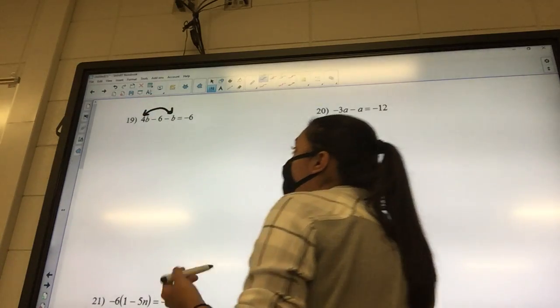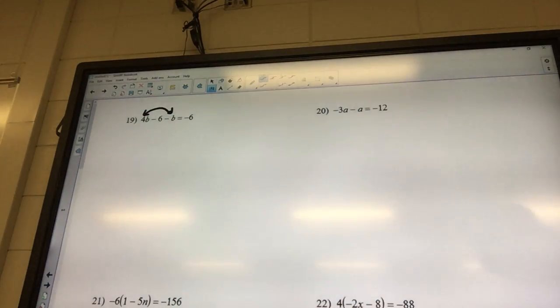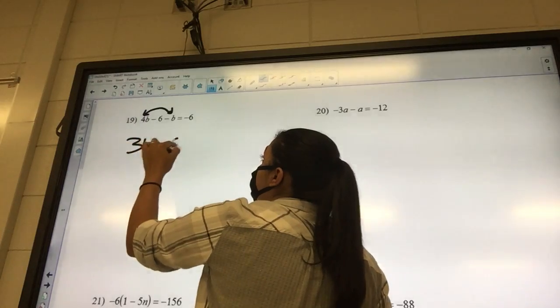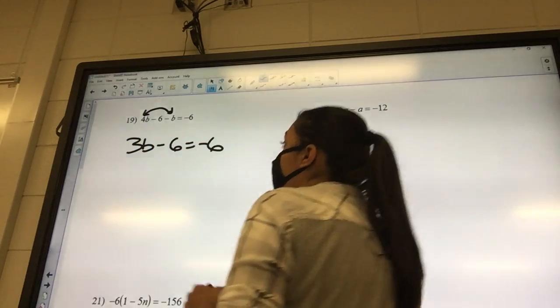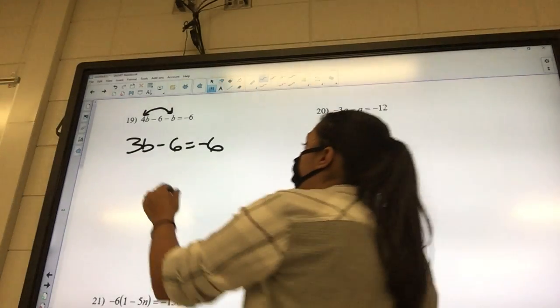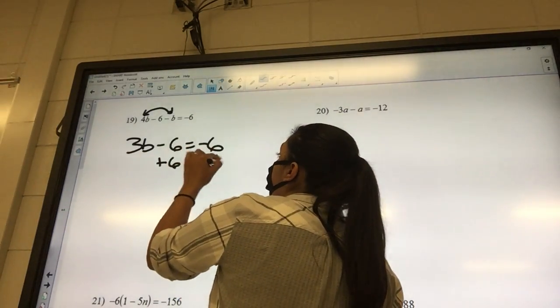It's a 1b. Well, it's a negative 1b. So what is 4 minus 1b? 3b. So 3b minus 6 equals negative 6. What do we do next? Add the 6 on both sides.